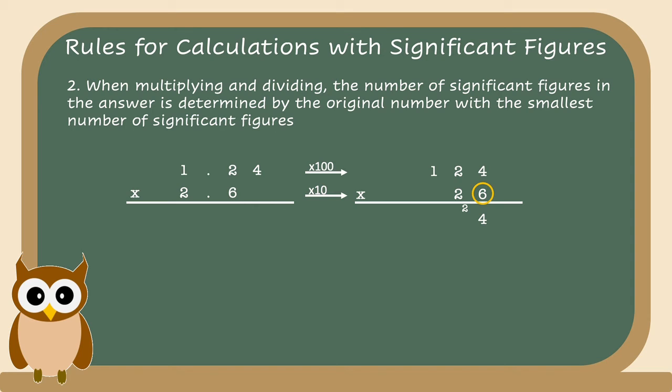So we put the 4 in the units column and then carry the 2. Then 6 times 2 is 12. The 2 we add to the other 2 carried over to give us 4 in the tens column, and then carry the 1. And finally 6 times 1 is 6, and then add the 1 to give us 7 in the hundreds column.